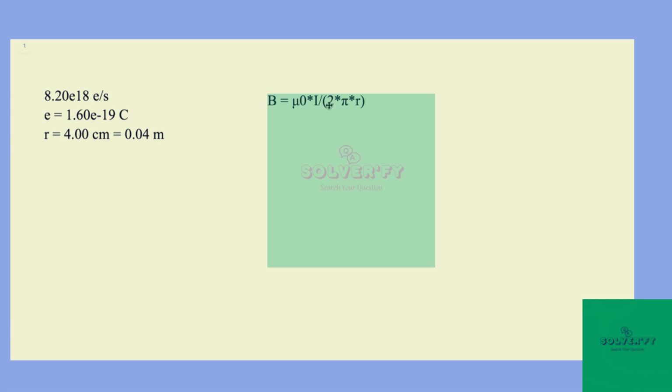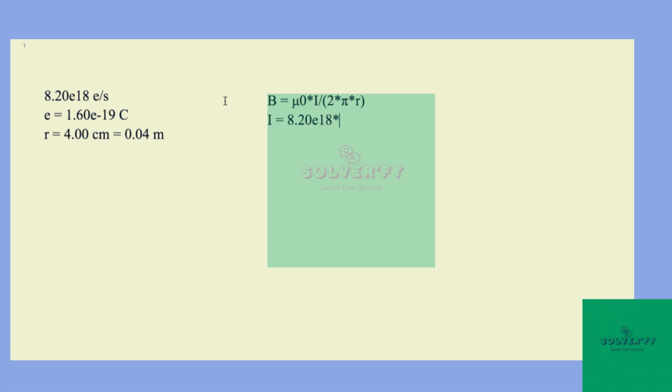So the magnetic field from a long wire is shown here. And notice that the first thing we're going to need to do is find the current. So the current is just going to be the number of electrons passing through per second times the charge of the electrons. So we know that there are 8.2 times 10 to the 18 electrons going through per second.